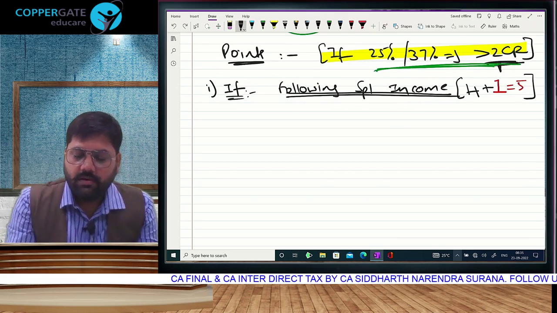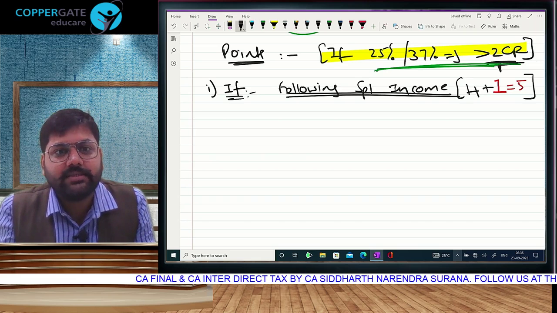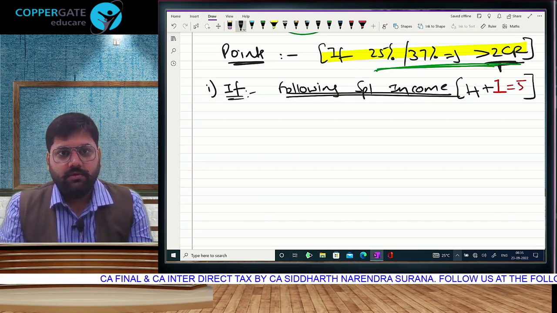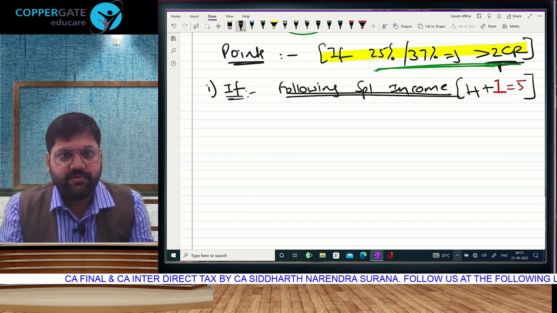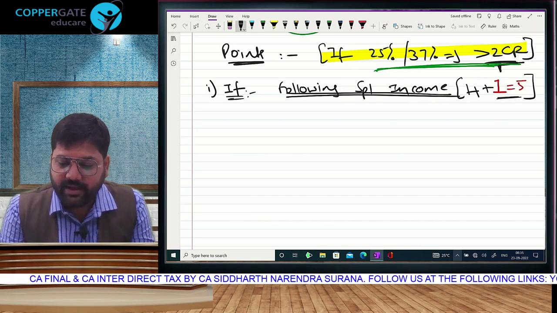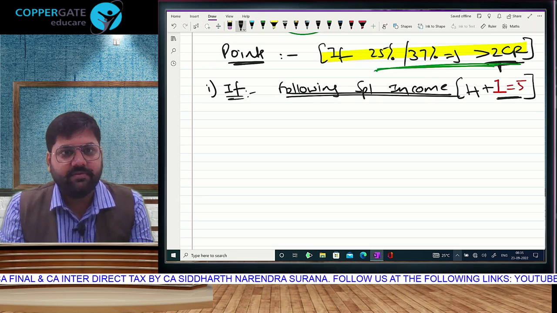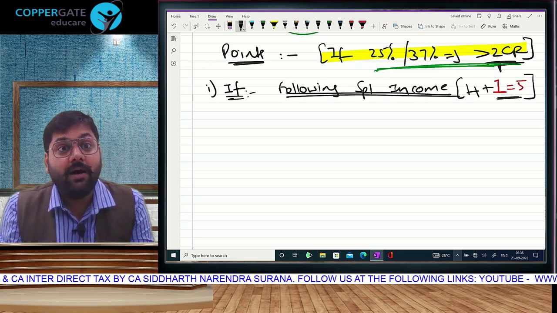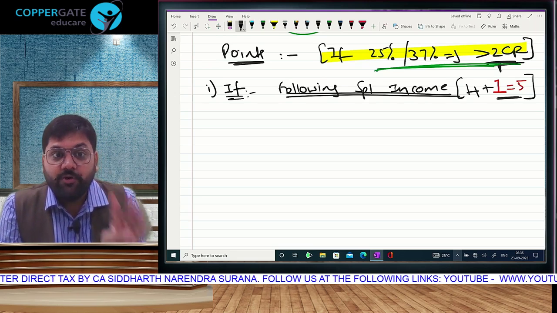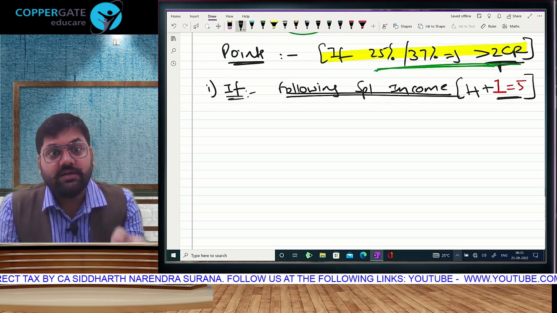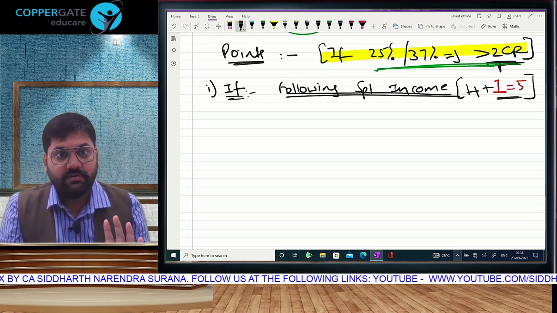Bro, I am not checking your maths skills. 4 plus 1 equal to 5. You know what? The moment I am writing something in red means it is an amendment. Till last year, 4 incomes were given, but now 5 incomes are given.